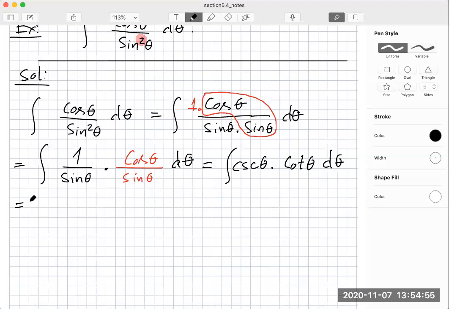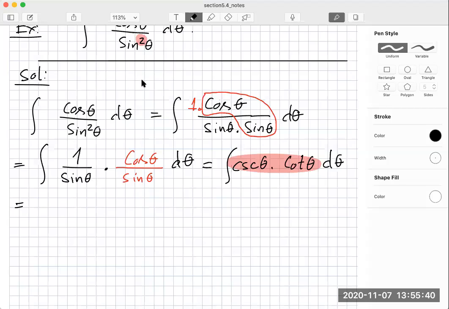Are you looking at the table of indefinite integrals? Look at that and tell me what the antiderivative of this term is. Thank you, Lexi.